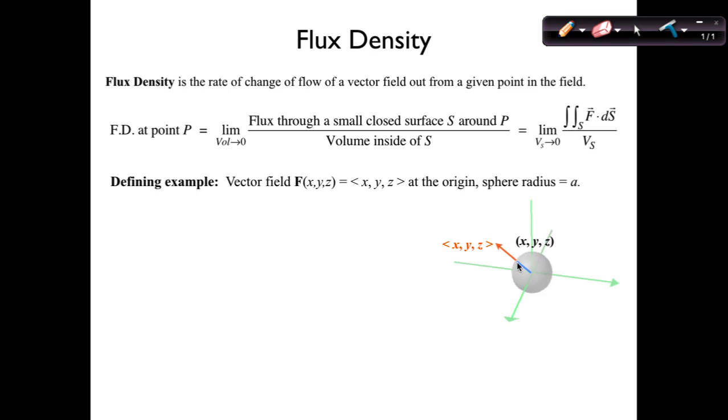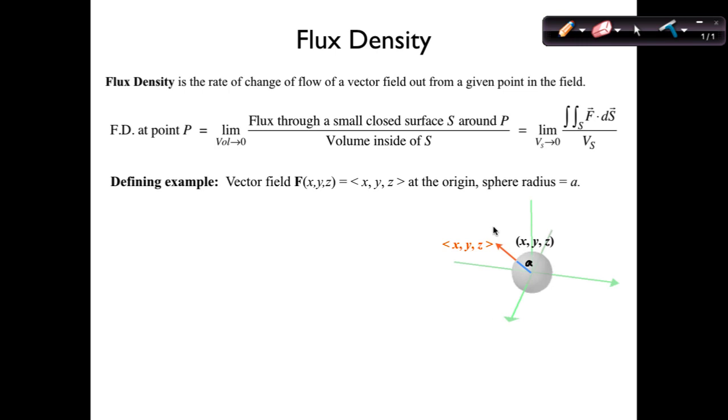So when you have the vector field x, y, z, then for any sphere that you pick, say the sphere has radius A, what's the magnitude of all the vectors on the sphere? All the vectors of the vector field at the sphere, what would the magnitude of those vectors be? 0. It would also be A, right?